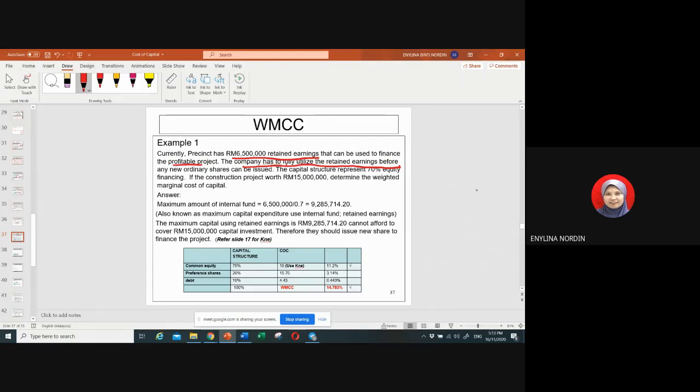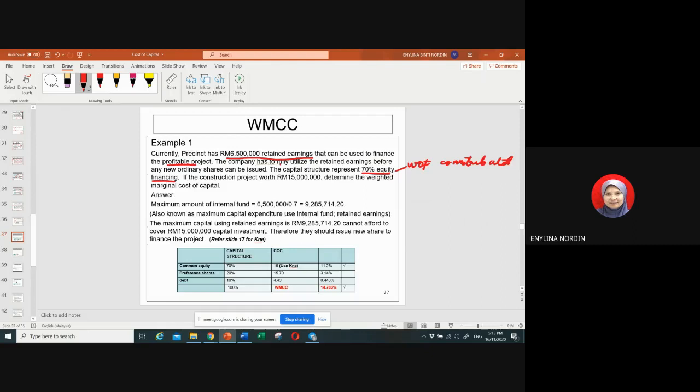The capital structure shows here 70% equity financing. That means the weightage of financing contributed by equity is 70%.